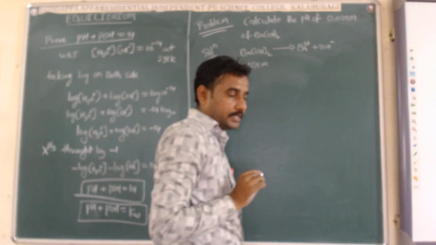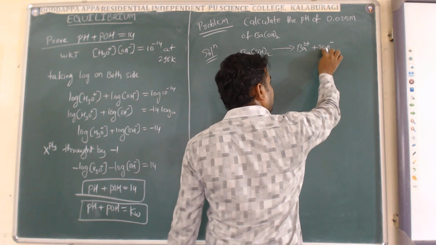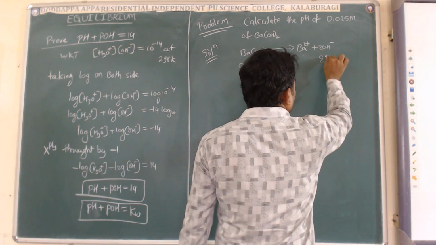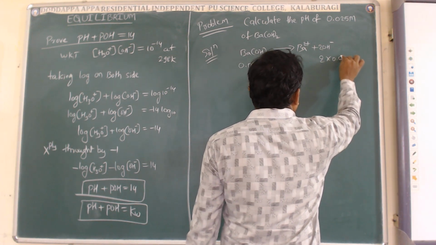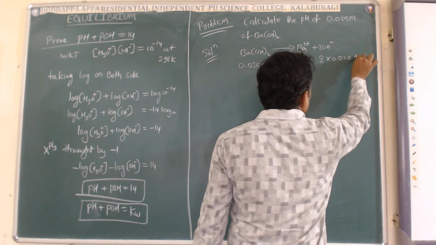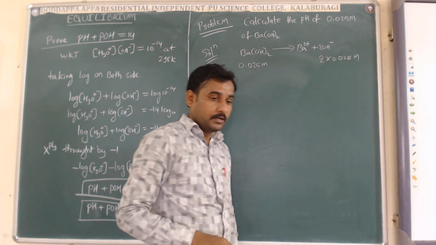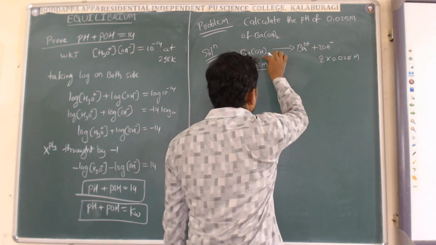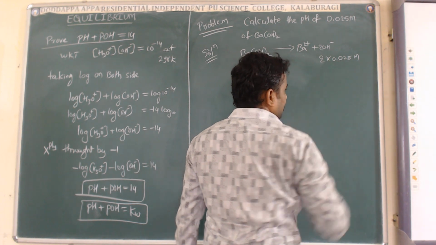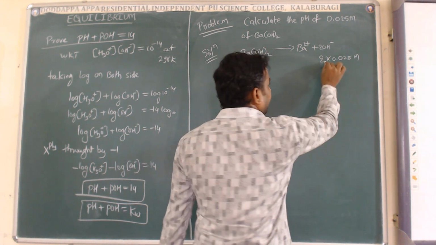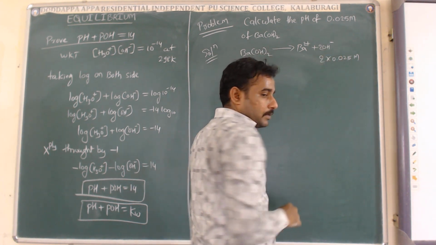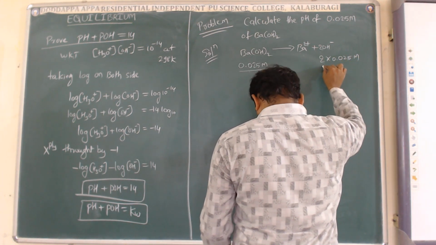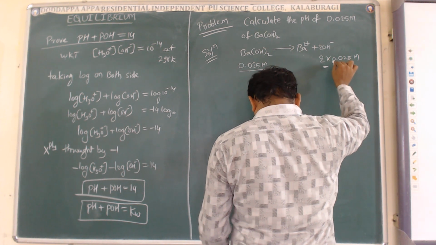Here 2 moles of hydroxide are there, so you have to write 2 into 0.025 molarity. The number of hydroxides on the reactant side is the same on the product side, but you have to multiply by 2 because the number of moles is 2. Then what is the answer you are getting? 2 into 0.025, the answer you are getting is what?